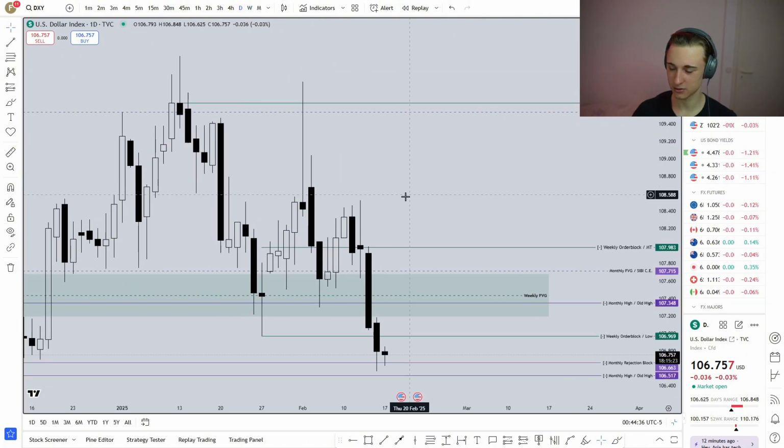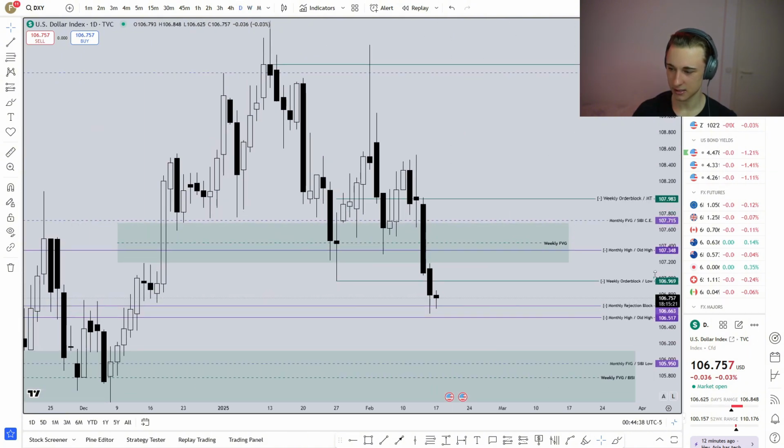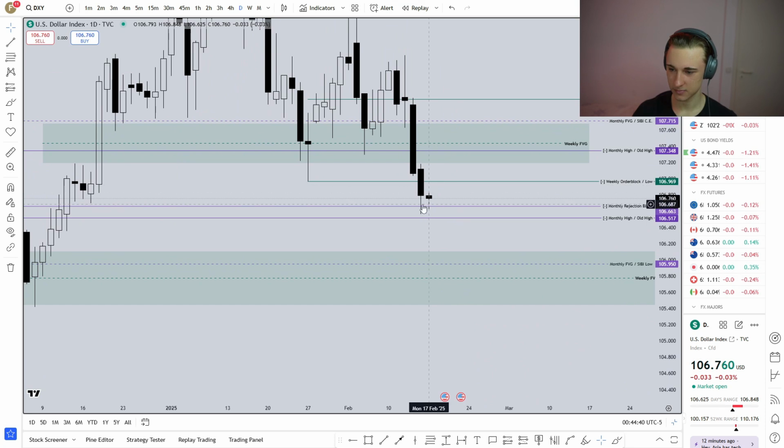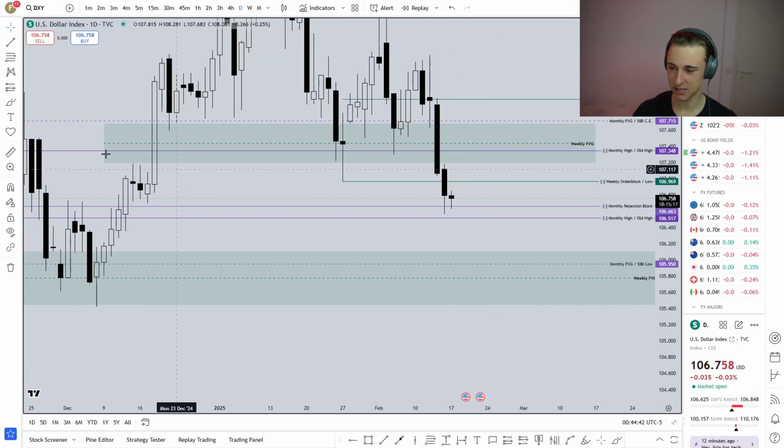With that said, on the daily time frame, I really don't have any daily PDA arrays. Of course, when Monday's candle closes, we could see a daily fair value gap right here. This could be an interesting level to watch out for Tuesday. But we're going to see what Monday's candle does.